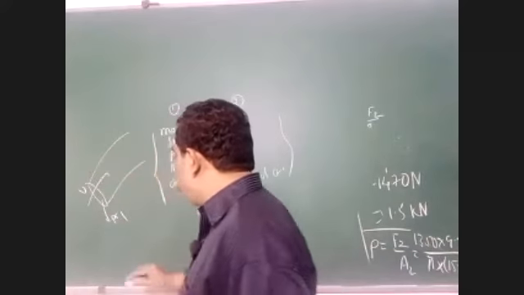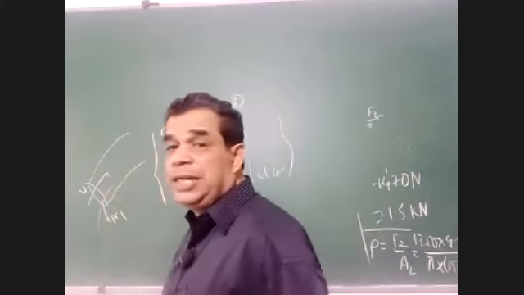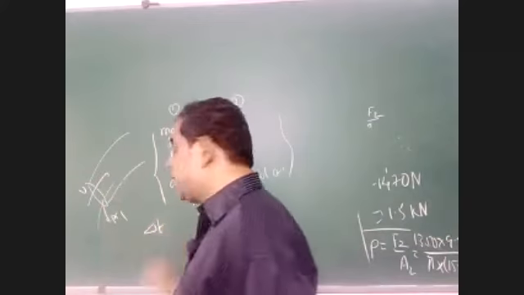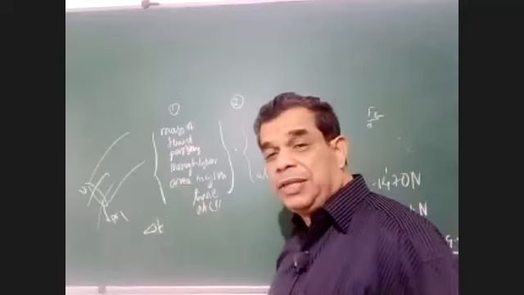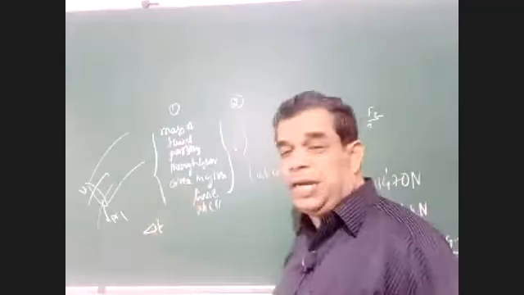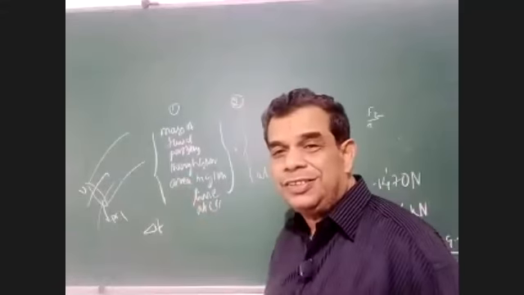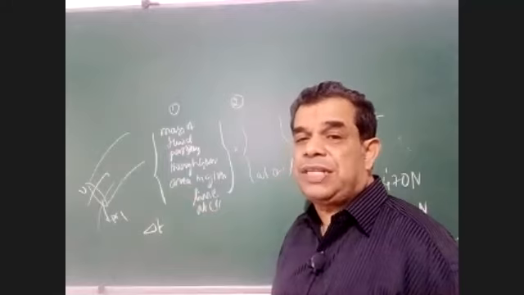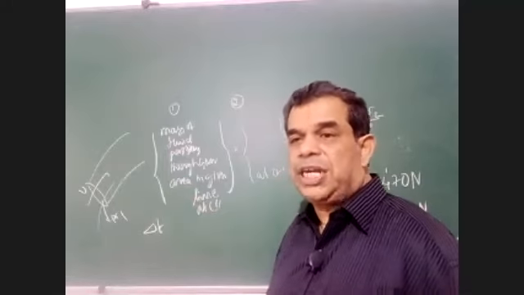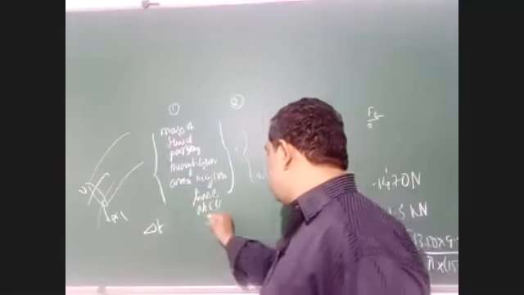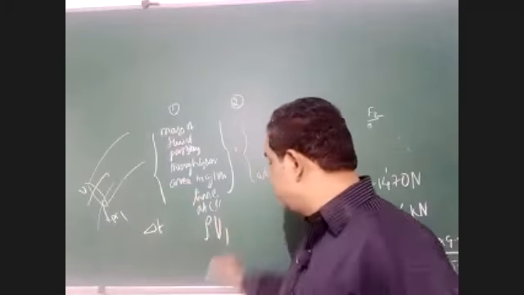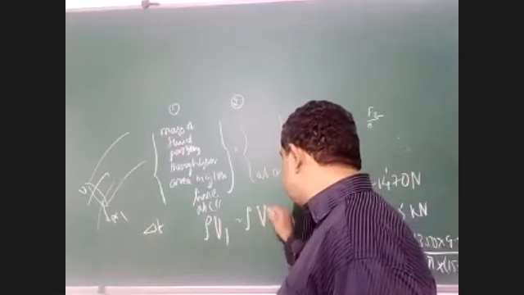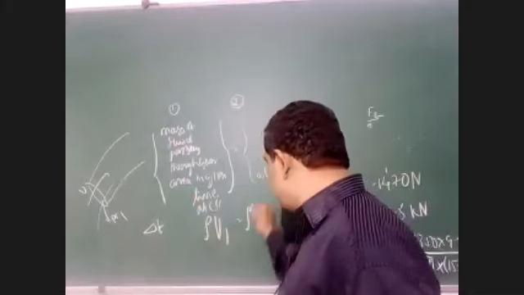Then how to write the mass of the fluid entering here in time delta t? Can somebody get me the mass of the fluid entering into that pipe, or passing through that point, in time delta t? How to write mass in terms of density? Density into volume. We write here rho into V1, where V1 is the volume, is equal to rho into V2. Rho cancels.